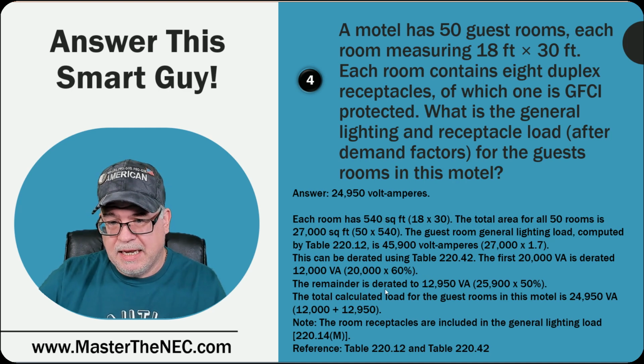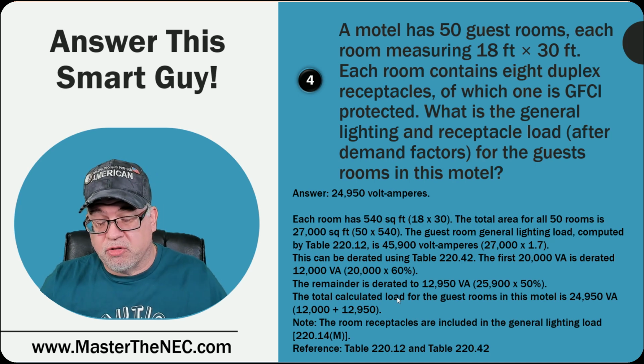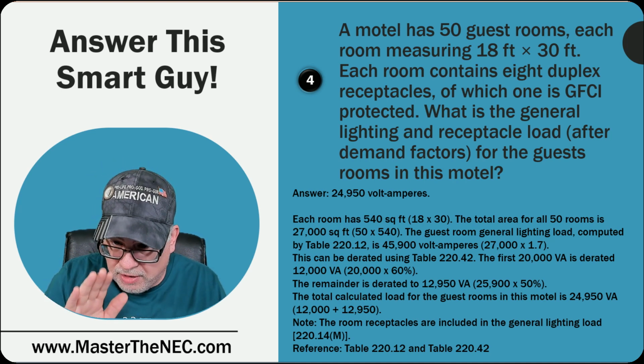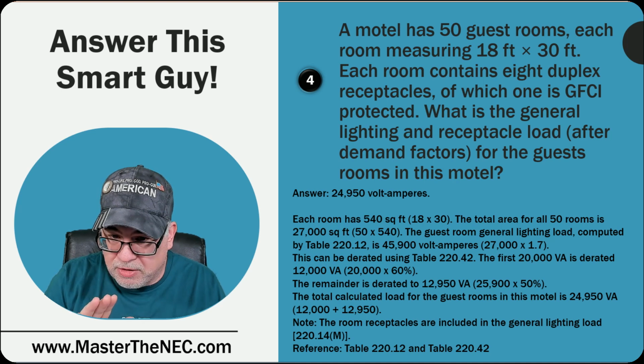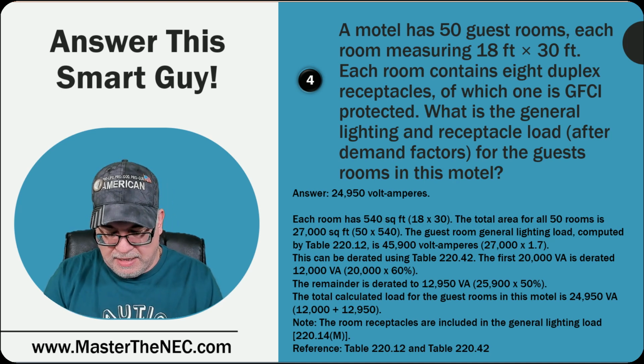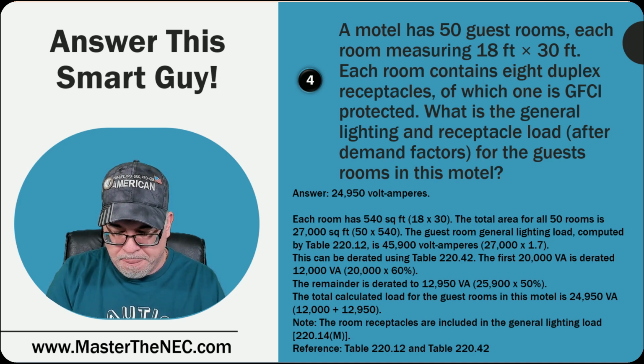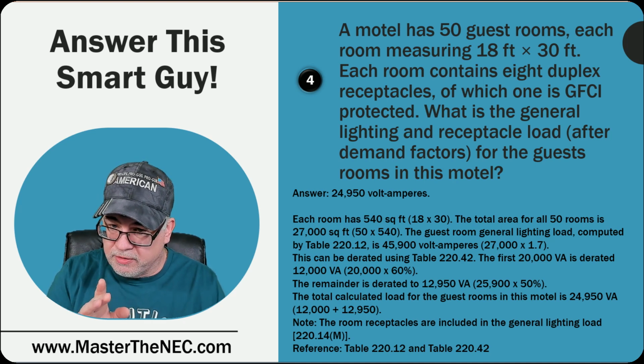Okay. So in that case, let's work this out to make sure, because I always like to make sure that my question is right. So let's take that 45,900. We took that first 20,000 at 60%.